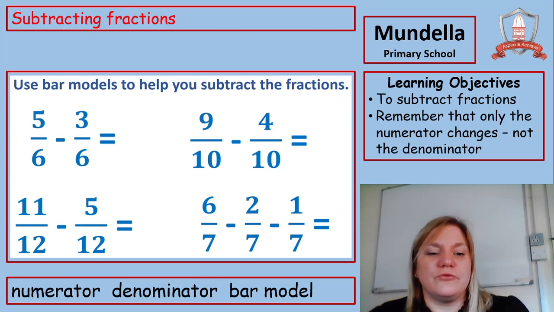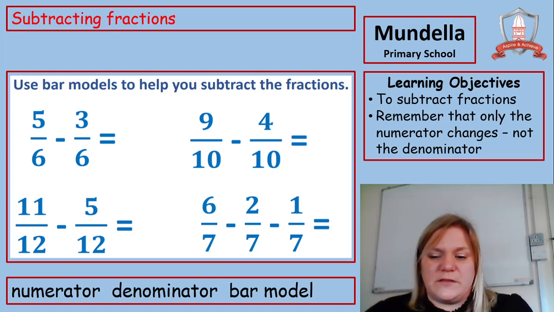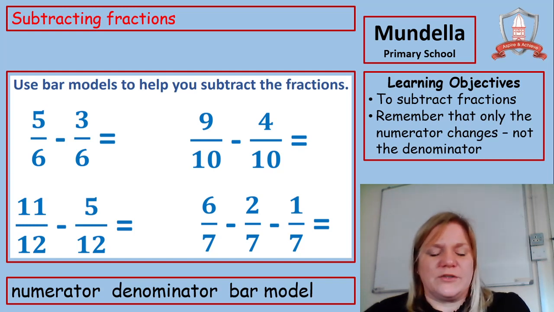Then you're going to cross out 3 of those pieces, 3 of those 6s, and then work out how many are left. Remember to draw a bar model for each of the questions, but remember the denominator tells you how many equal pieces it must be chopped into. Pause the video where you have a go at those 4 different questions.